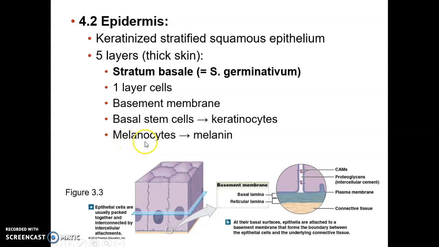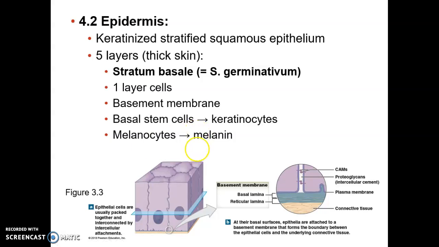There are also melanocytes that produce the pigment melanin that give us pigmentation in our skin. The number of melanocytes that humans have is fairly constant, a fairly even amount among different people on Earth.